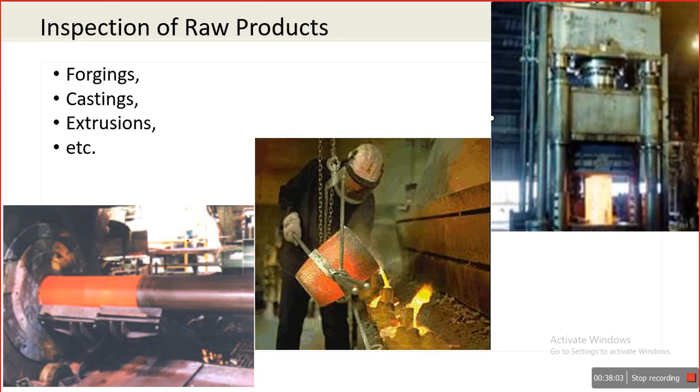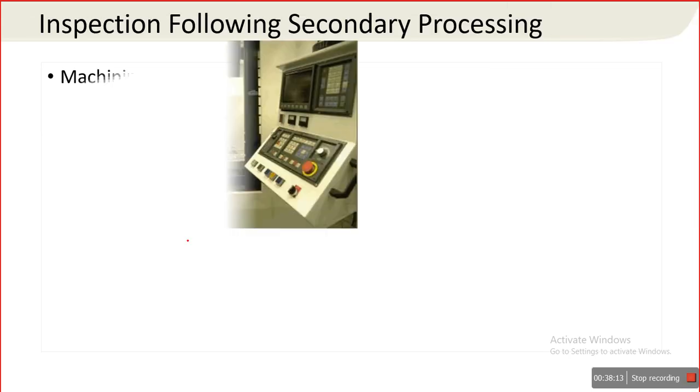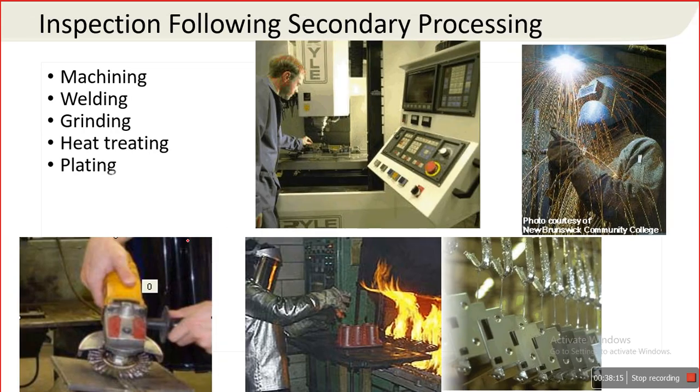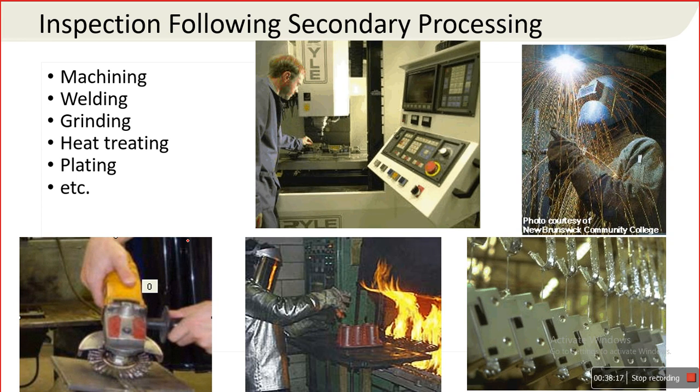Raw products which come from the forging industry, casting industry, or extrusion industry can be inspected with the help of NDT methods. Secondary processing, that is machining, welding, grinding, heat treatment, or plating: in this case NDT is applicable after the secondary process to inspect the component for quality check.